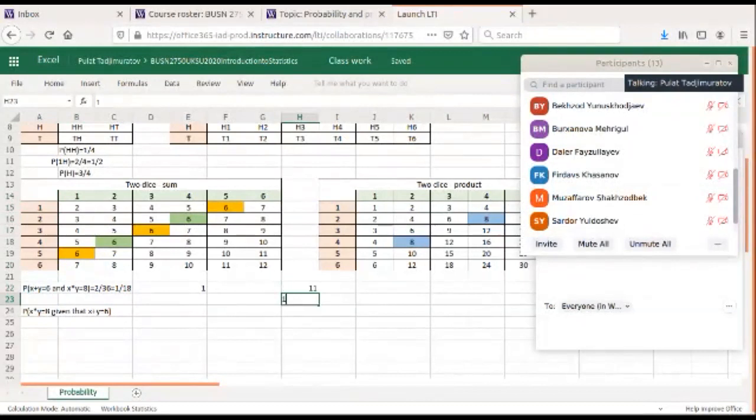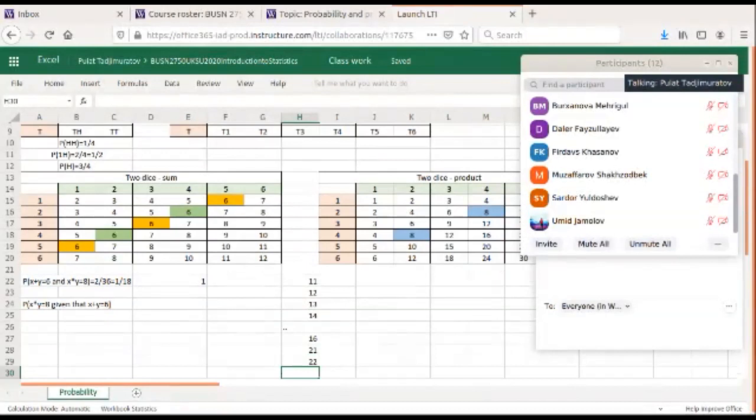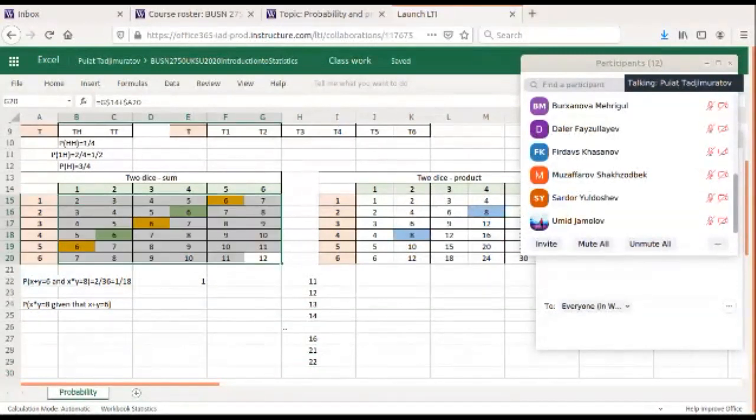Or you can have the red die being 1 and the blue die 2, or 1 and 3, or 1 and 4, and so on until you get up to 1 and 6, and then you can have the red die being 2 and the blue die being 1, and then 2, 2, and so on, all the way up to 6, 6. And if you count all those possible combinations, 1, 1, 1, 2, 1, 3, 1, 4, 1, 5, and so on, you will get 36 different combinations.